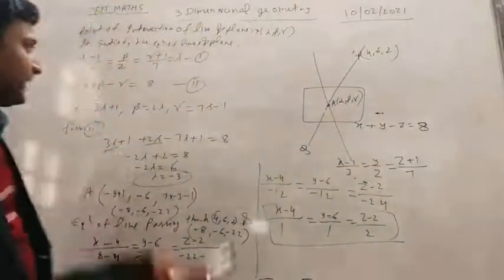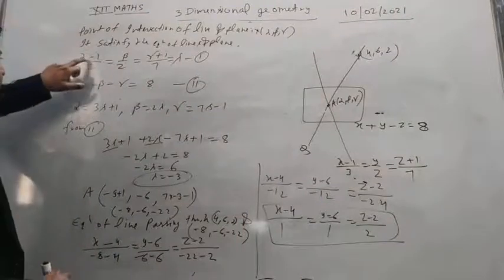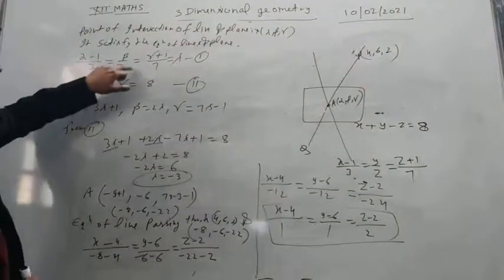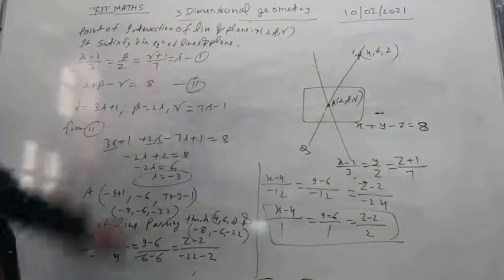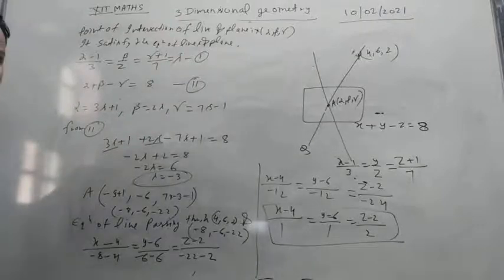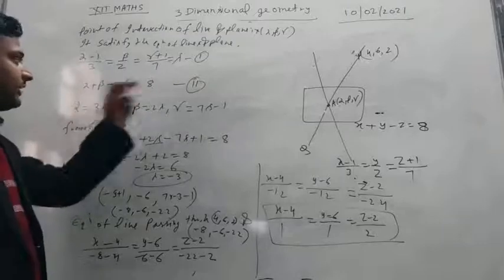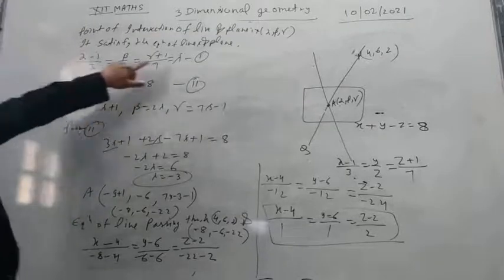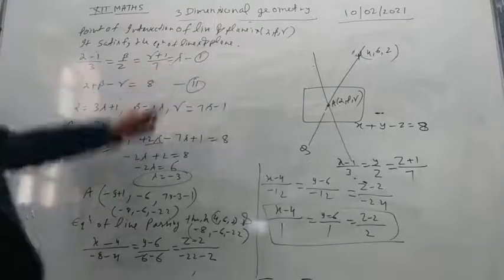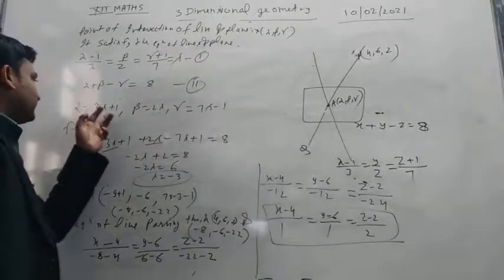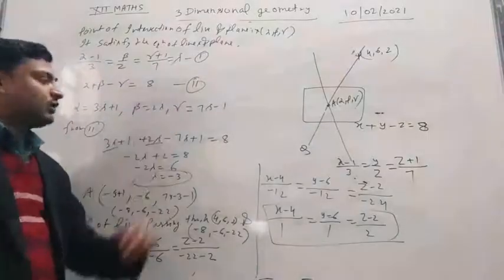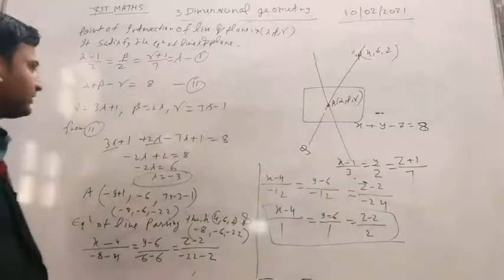So when we satisfy this equation, we get (alpha minus 1)/3, beta/2, (gamma plus 1)/7, which is equal to lambda. And the plane equation will be alpha plus beta minus gamma is equal to 8. Now we suppose that this is equal to lambda, which is a constant. So alpha is 3 lambda plus 1, beta is 2 lambda, and gamma is 7 lambda minus 1.